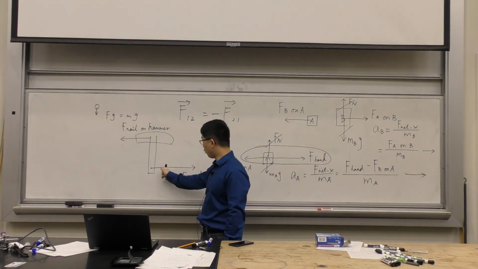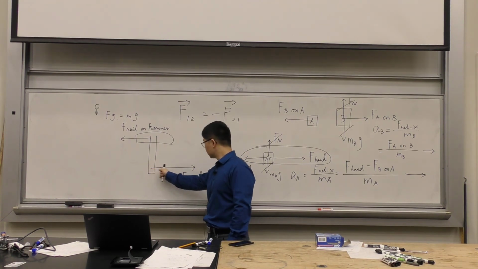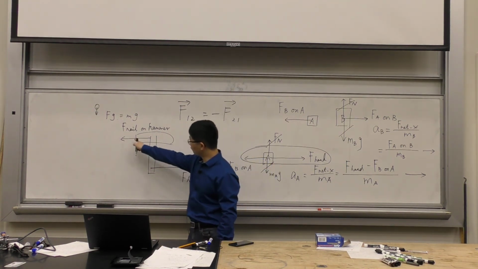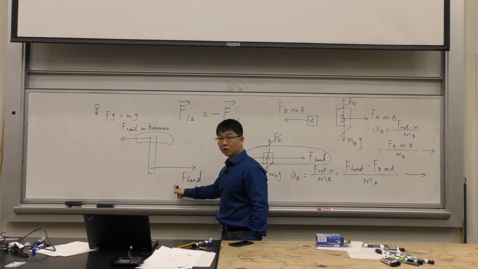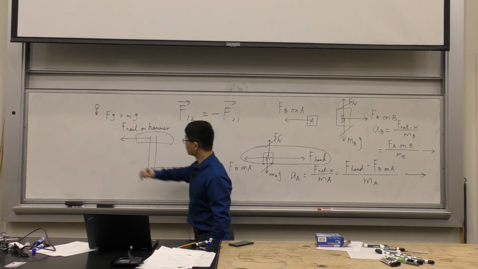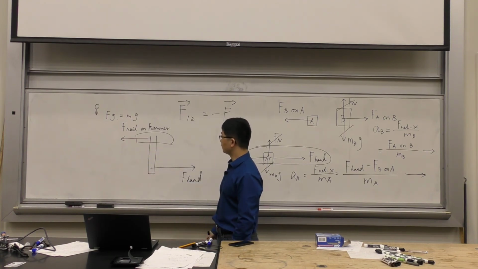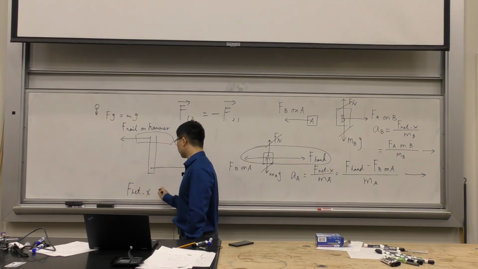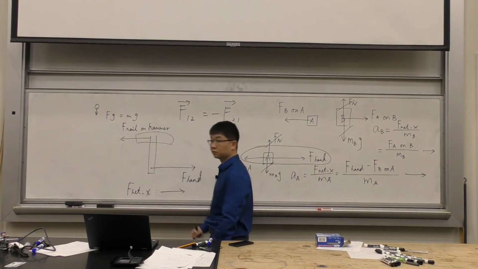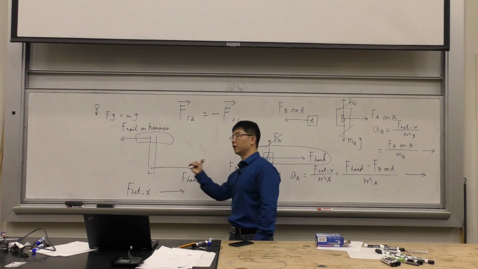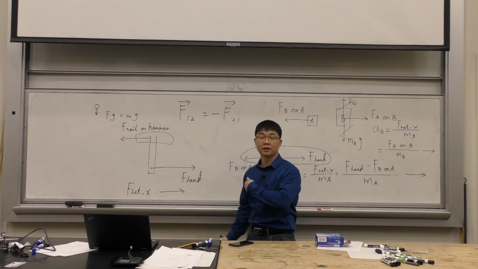You're applying a very large force on the hammer in that direction. Now you compound these two forces. This force minus the force from the nail on the hammer, so the net force on the hammer in the x direction is still going to be in the right direction. So the acceleration of this guy is still going to be in that direction. If the acceleration is in that direction, it's moving in that direction.